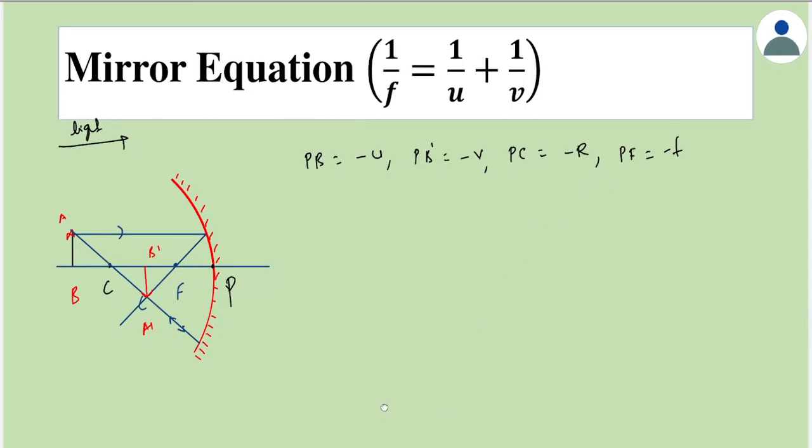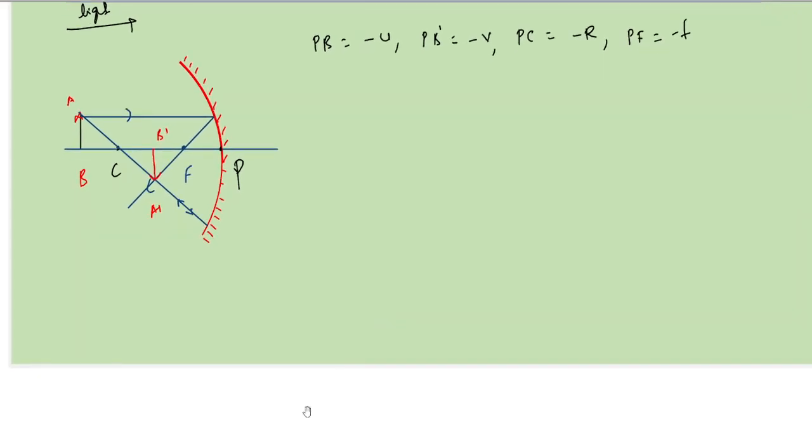So let's start the derivation. First, we will consider two triangles: triangle ABC and triangle A dash B dash C. If you want to draw, we can redraw this. It's like this.